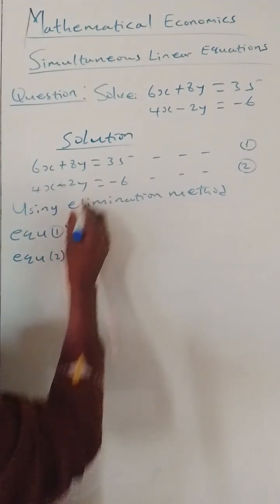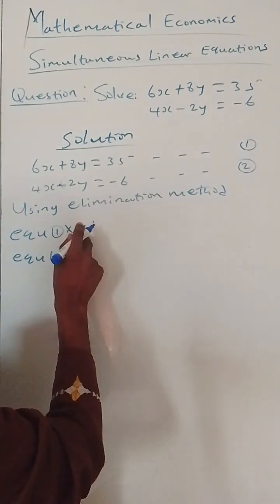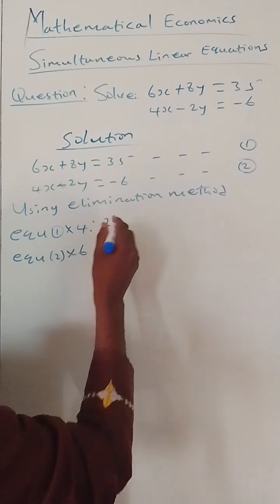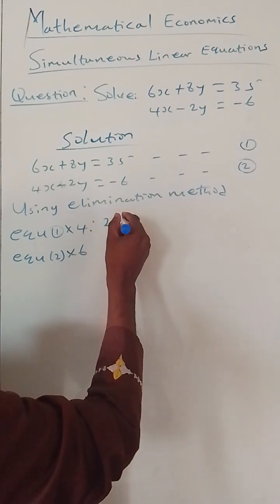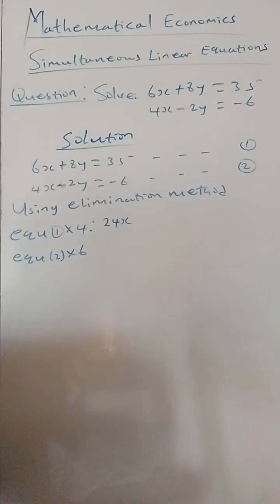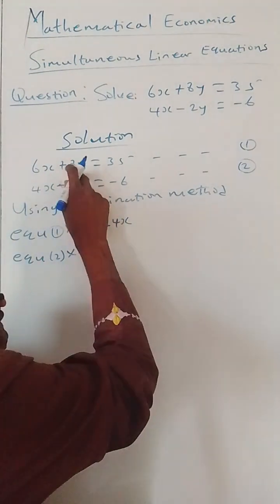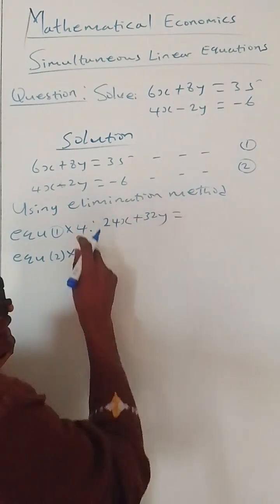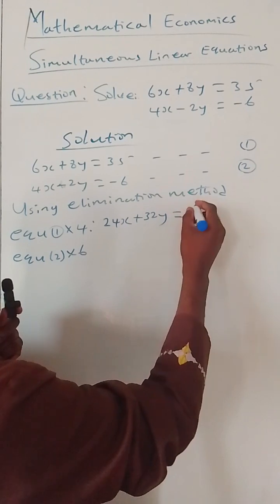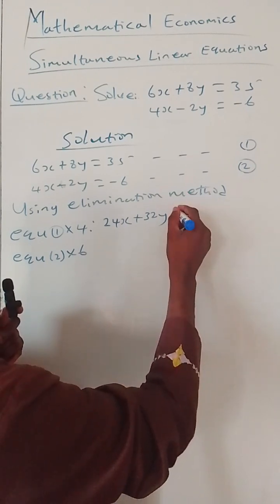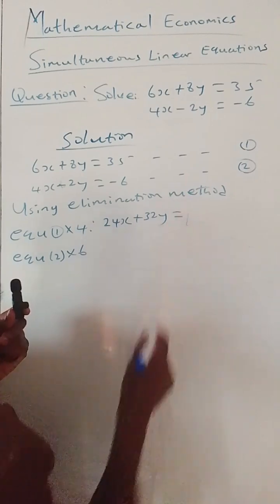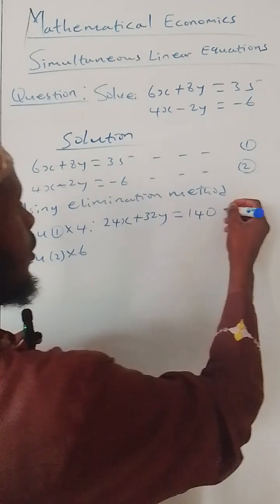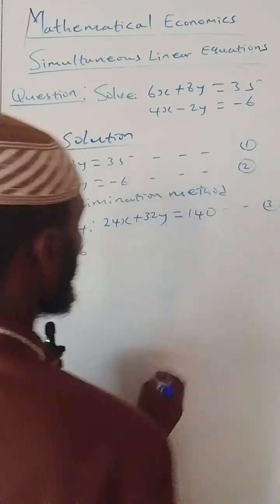So let me multiply equation 1 by 4. 4 times 6x is 24x. Then 4 times 8y is 32y. Then equals 4 times 35, that will be 140. I call this equation 3 now because it has changed.